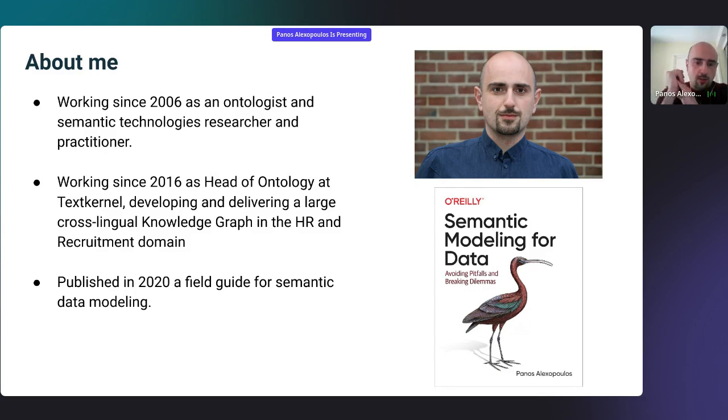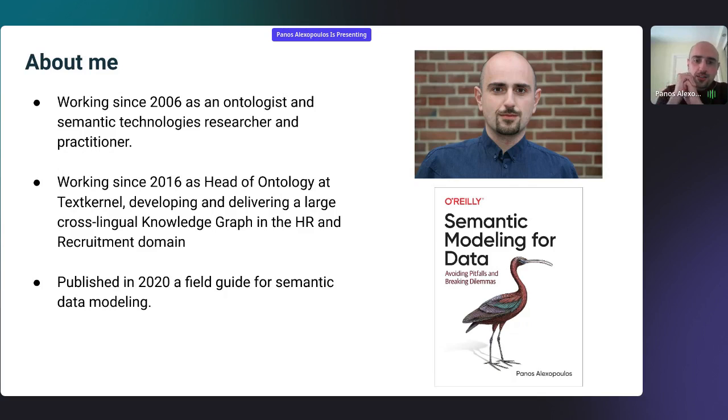And my role within this company is to develop and deliver a large knowledge graph related to the HR and recruitment domain. And around 3 years ago, I published a book on good and bad practices on how to build knowledge graphs and general semantic models.